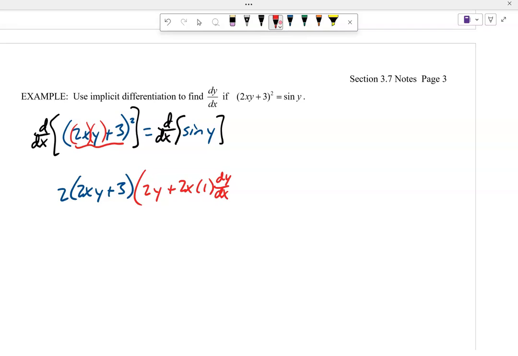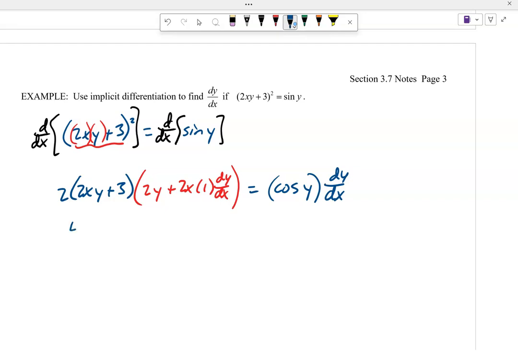And then plus 0 on that, because derivative of 3, of course, is 0. And then over here on the right-hand side, derivative of the sine of y is the cosine of y. Again, the variables did not agree, so I've got to throw on dy/dx on that, right? Y prime, because again, I don't know what y is, so I've got to use the chain rule. Y prime right there, dy/dx.